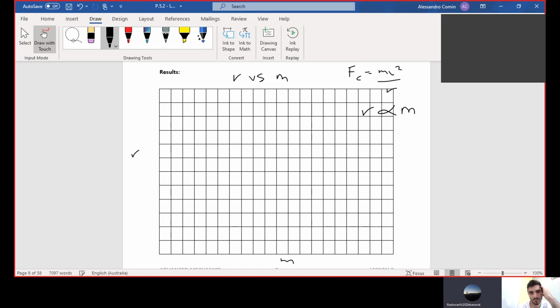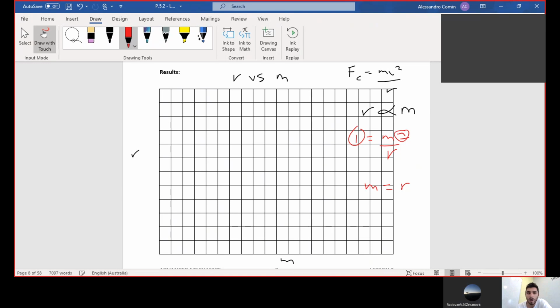The idea of proportionality is that if every other thing is constant, so let's say Fc equals 1 and V squared equals 1, then 1 equals M on R, so M is R. However, we can't say M is R because we've already set the other things to 1.